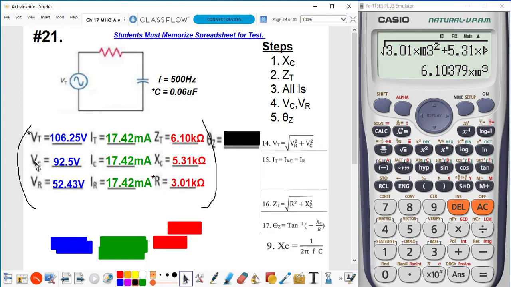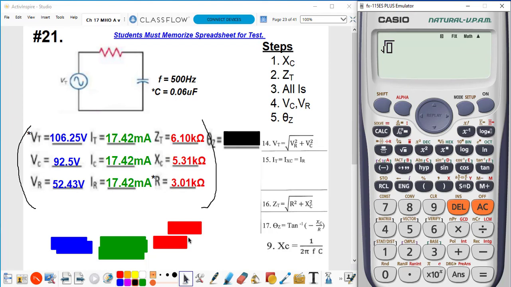Again, you cannot add VC plus VR to get VT. You have to use formula number 14 if you want to check your work. If you use this square root formula, number 14, you should get the VT value that you were given. It's always good to check your work against a value you were given to make sure you did everything properly. So let's do that.